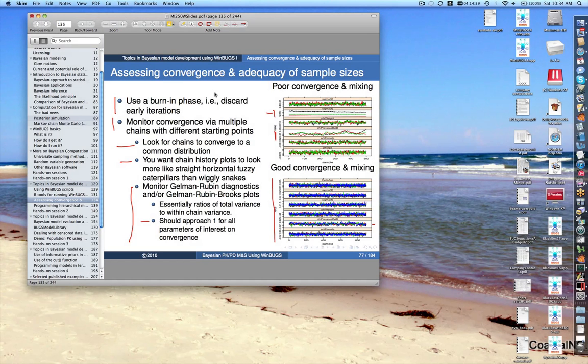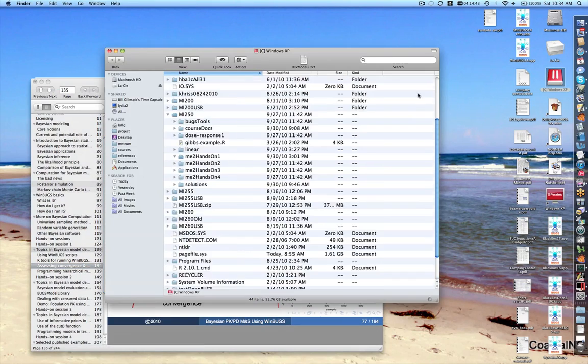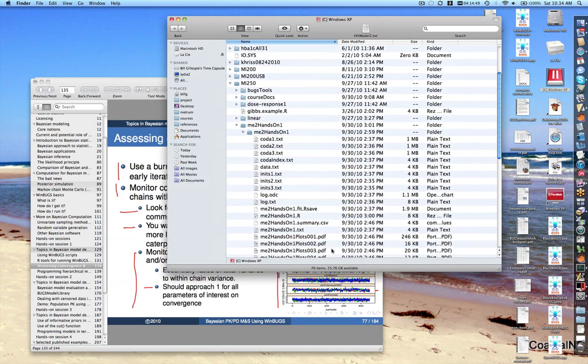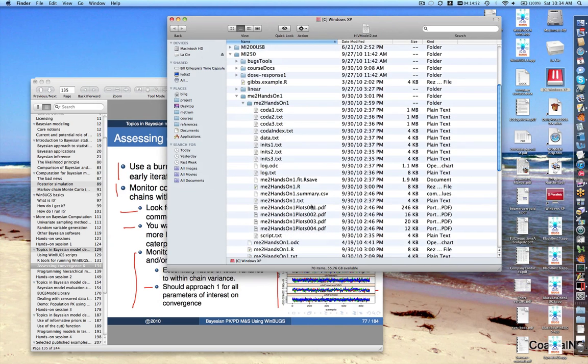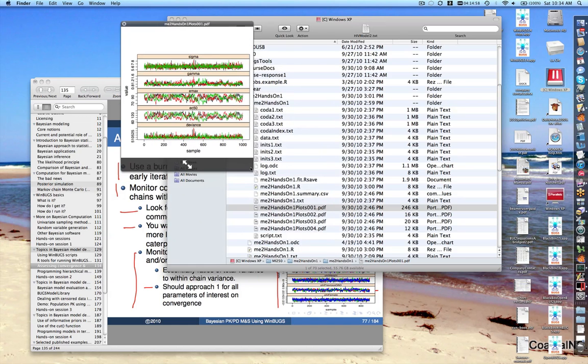There we go. I think for the solutions we did last time, we had examples of that. Yeah, I think I do. Just so you can see a Gelman-Rubin-Brooks plot here. Let me make this a bit bigger.